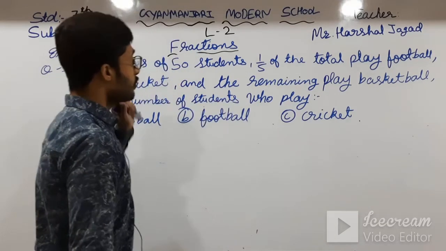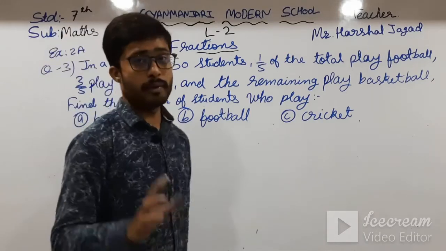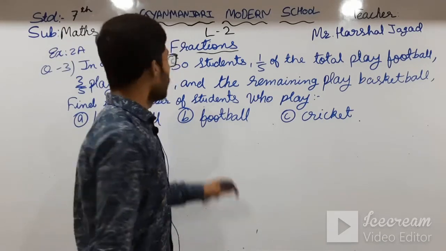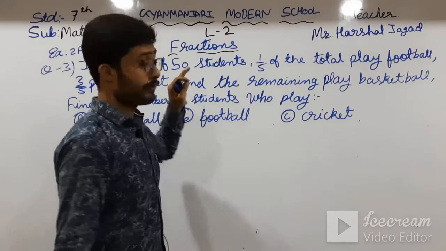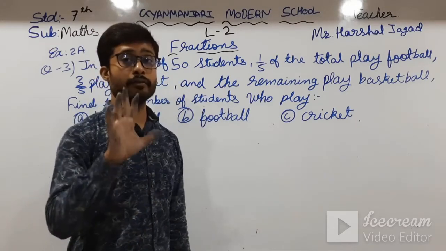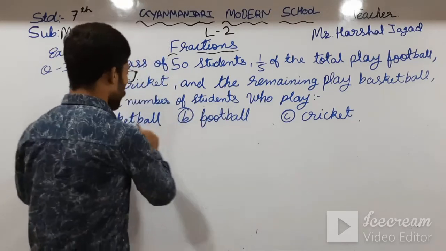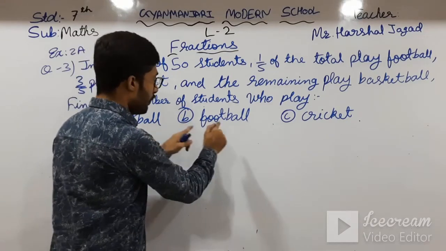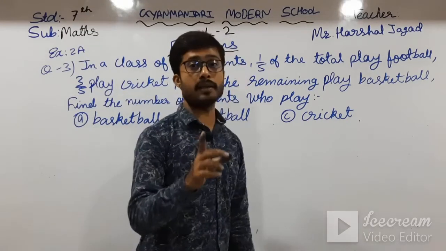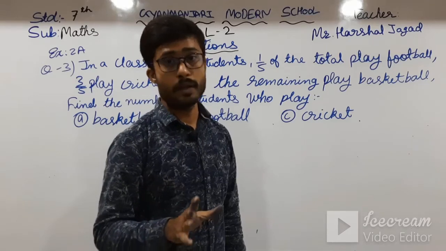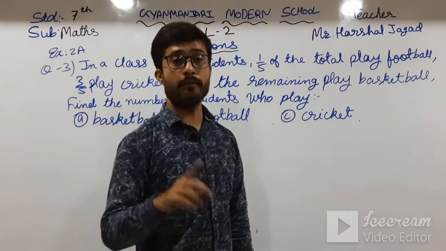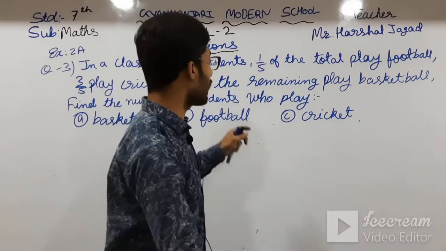Okay students, so what we will do, first of all we will read the question. In a class of 50 students, there are 50 students. The total of basketball, football and cricket must be 50, not more than 50. We have to take care about it.